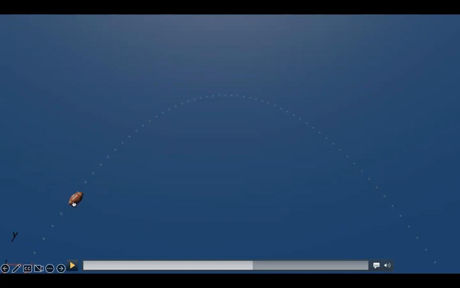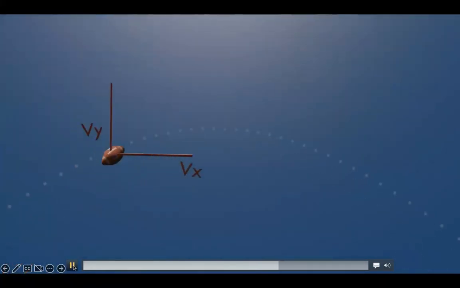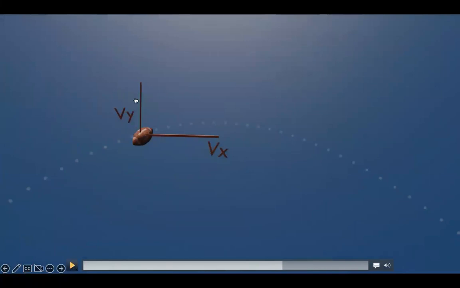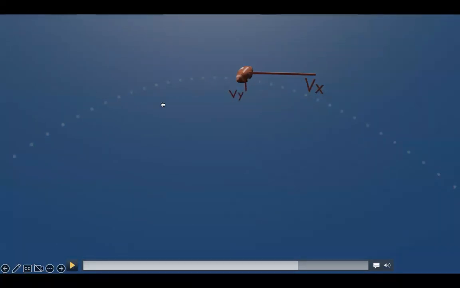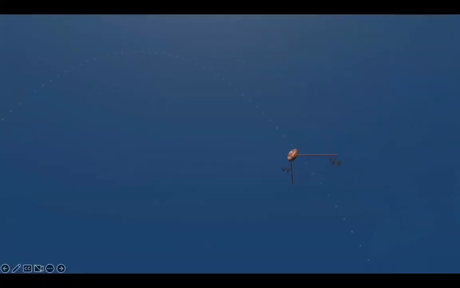The y component, when it is going up, will be upward, but after the maximum point, when it is descending, the direction of the y velocity changes. So it is upward, x is horizontal, and right here, after the maximum height, the y direction velocity component changes direction and it reaches the ground level. In class, we will talk about more examples of how to do these problems.